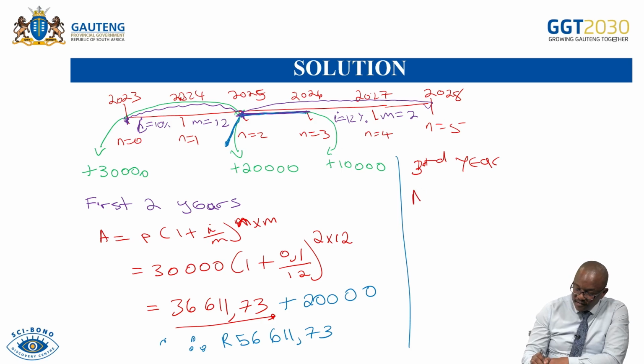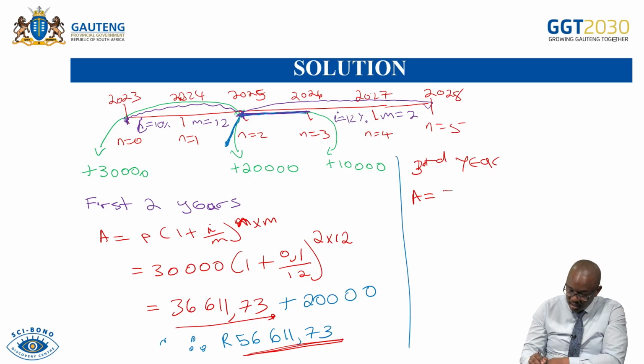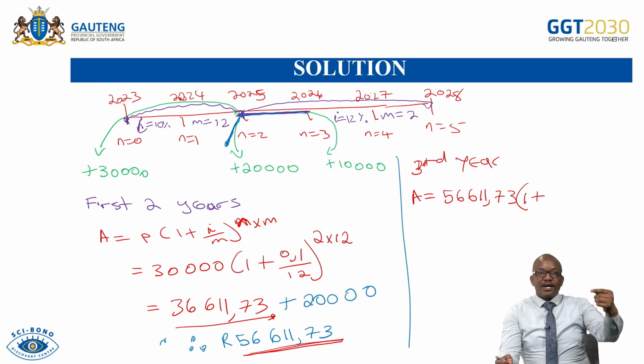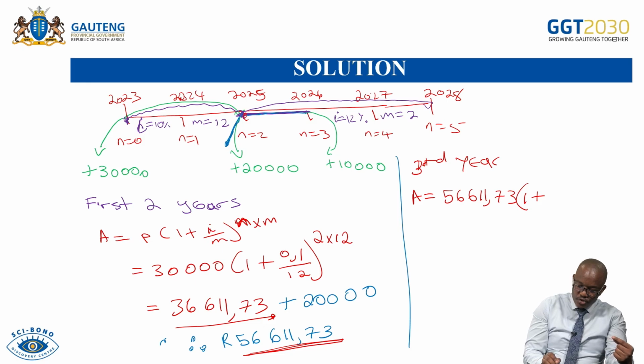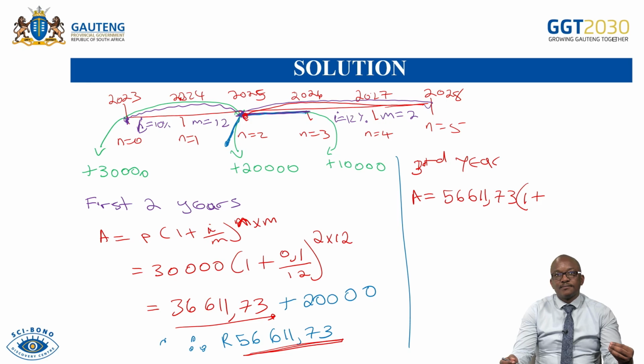So we're gonna have A equal to, now the amount that we are going to use is this one because it's there in year 2. So we're gonna have 56,611.73 into what? Into 1 plus. Remember now with this one, they said from year 2 to the last year, the interest has changed.